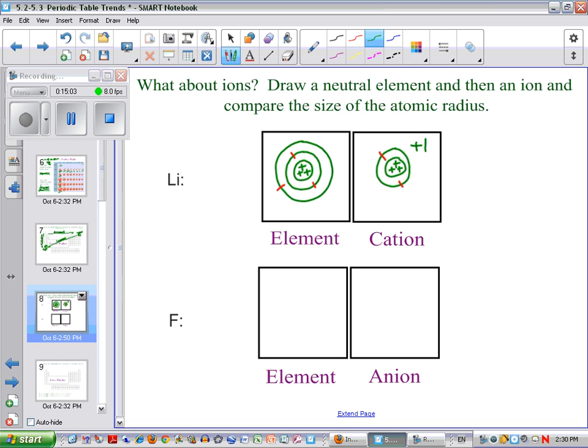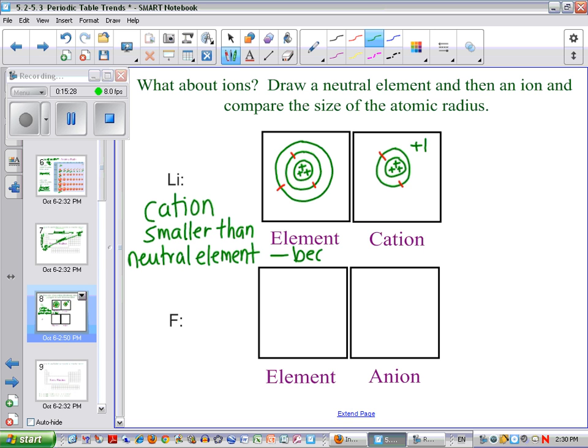Just looking at that, the element versus the cation, which one's bigger? That's right, the element. So when you're talking cations, they are always smaller than the neutral element. Why is that?